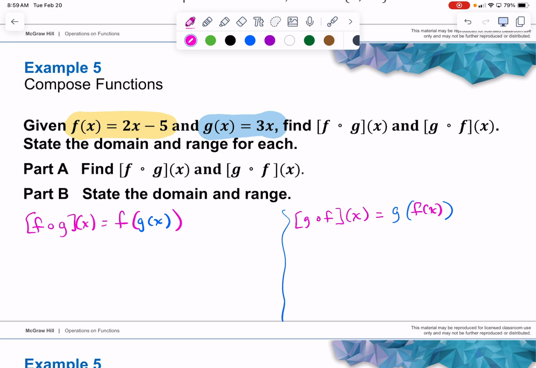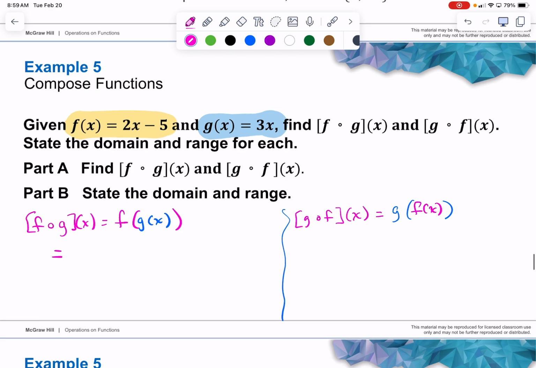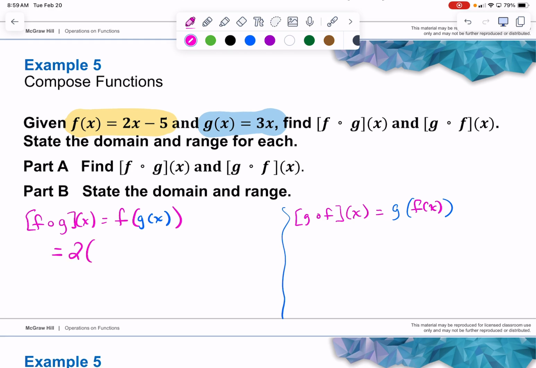So when I say it's got an outer structure, this means that everywhere I have x's in f, what gets put in those x's is g of x. Everybody good with that? And everywhere I have x's in g, for this other one, I put all of f.